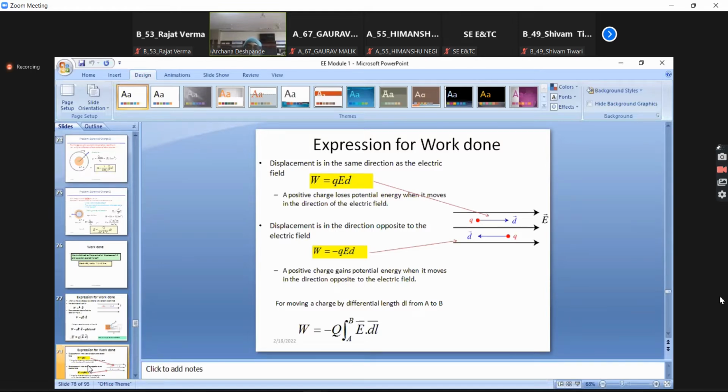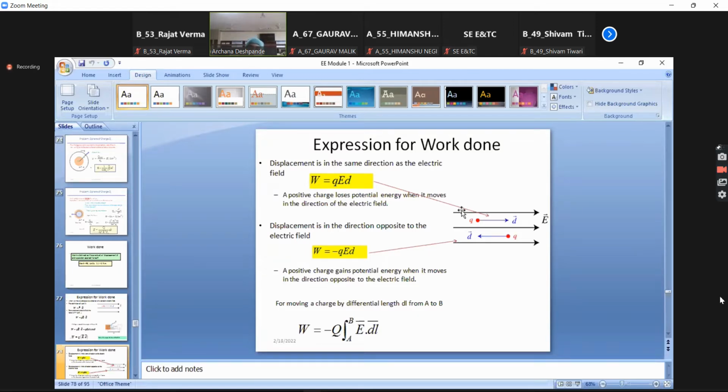And if the displacement is in the opposite direction to that of the electric field, so if you move the charge from left to right and my force is in the same direction as the displacement, that is from left to right, then the work done is positive because the force is doing that.